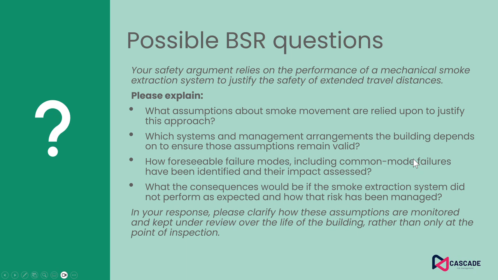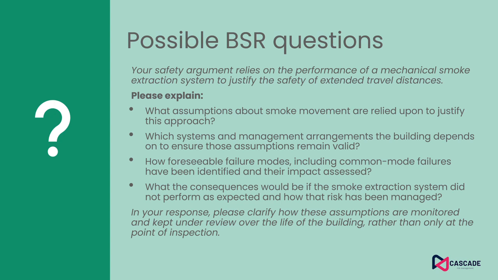Now, a lot of this comes from the safety management system. So if we're saying that the safety argument relies on the performance of the smoke extraction system, then we need to be able to explain to the regulator what the assumptions are we've made, which systems and management arrangements are in place, have we understood foreseeable failure modes, and what would happen if it didn't perform as expected.